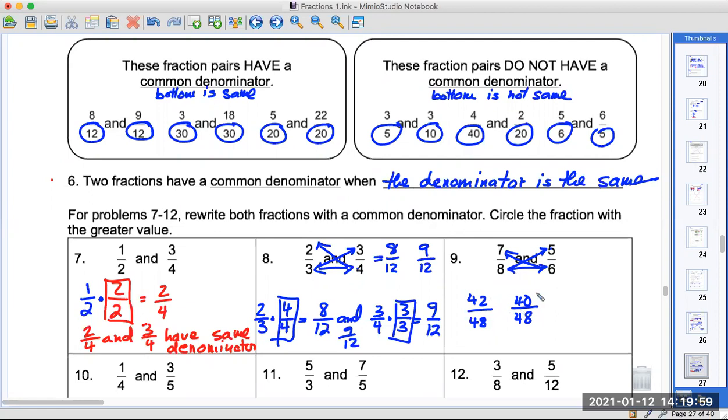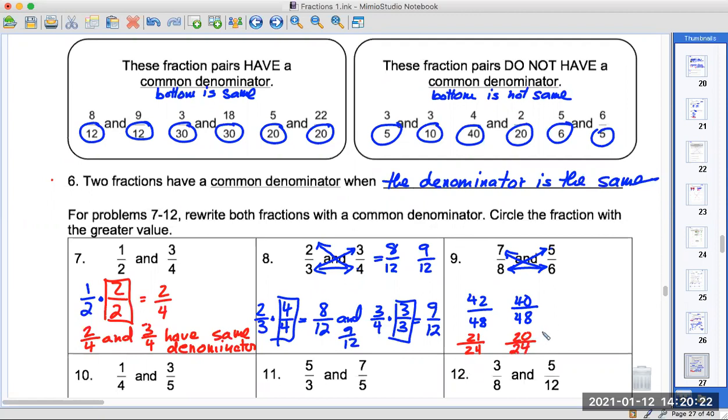However, these fractions are too big. They're not reduced. So you need to reduce them. You can divide by 2. Both are divisible by 2, so then we have 21 over 24. 48 divided by 2 is 24, and this one turns into 20 over 48 divided by 2 is also 24.